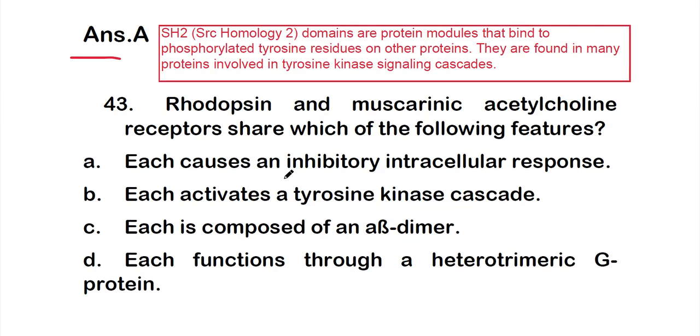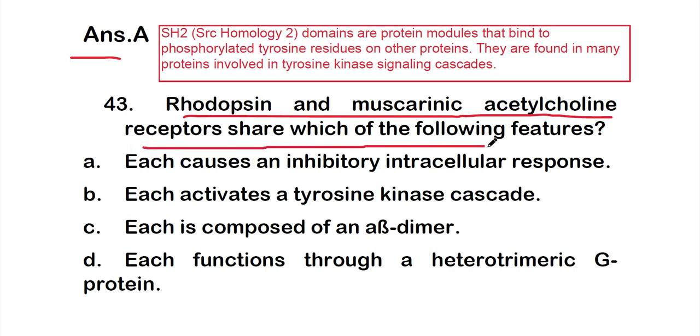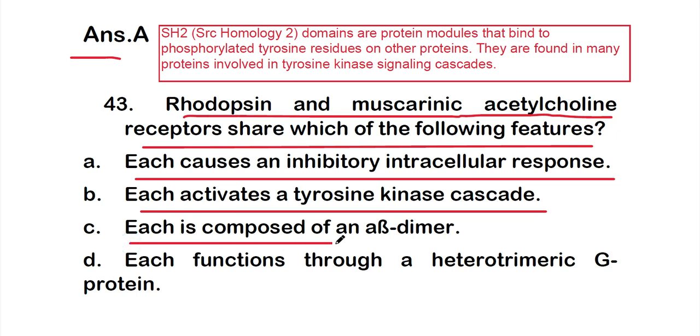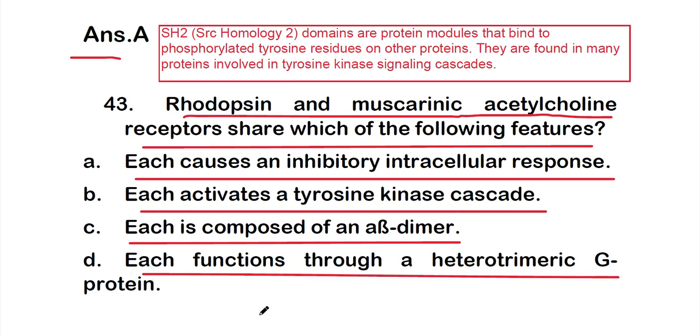Next question: rhodopsin and muscarinic acetylcholine receptors share which of the following features? Option A, each causes an inhibitory intracellular response, option B, each activates a tyrosine kinase cascade, option C, each is composed of an alpha beta dimer, or option D, each functions through a heterotrimeric G protein.